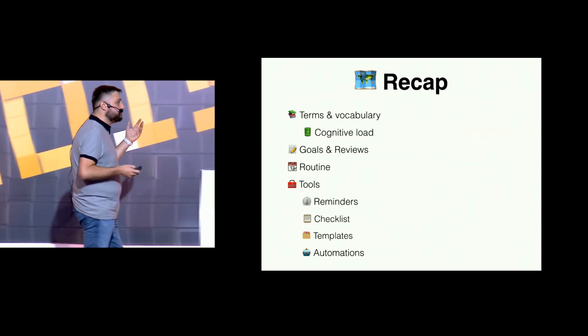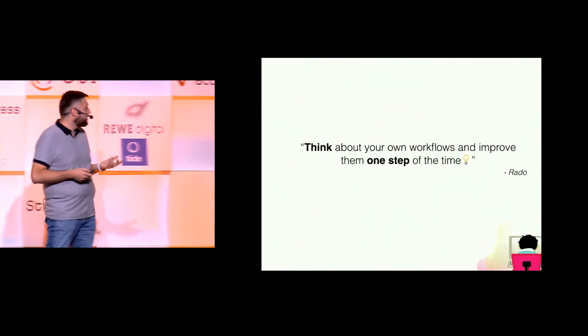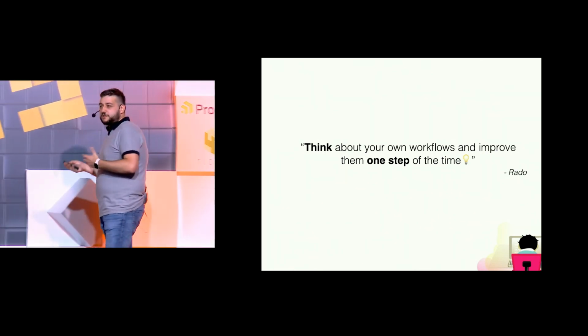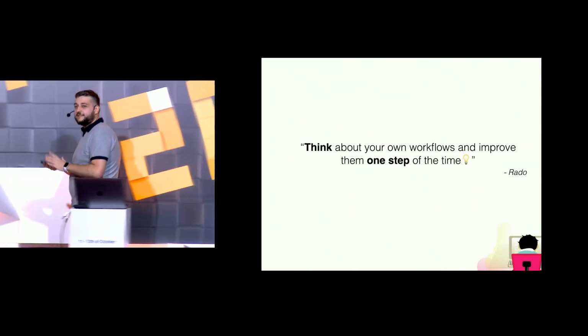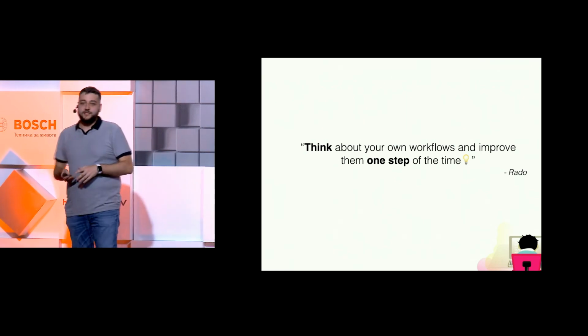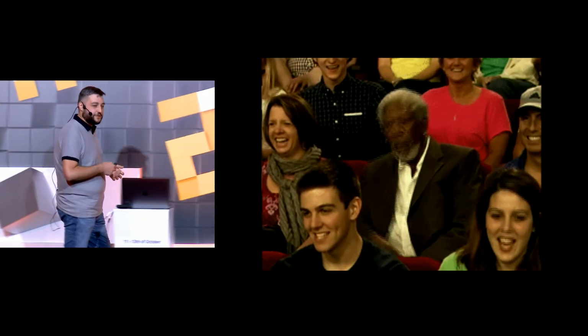And you can use checklists, reminders, templates, minor automation. And again, the idea is just improve your workflow one step at a time. Just make this shortcut, like make this snippet in your code editor. Like, every time you define a React component, just make it a snippet. And yeah, that's basically what I wanted to share with you today.